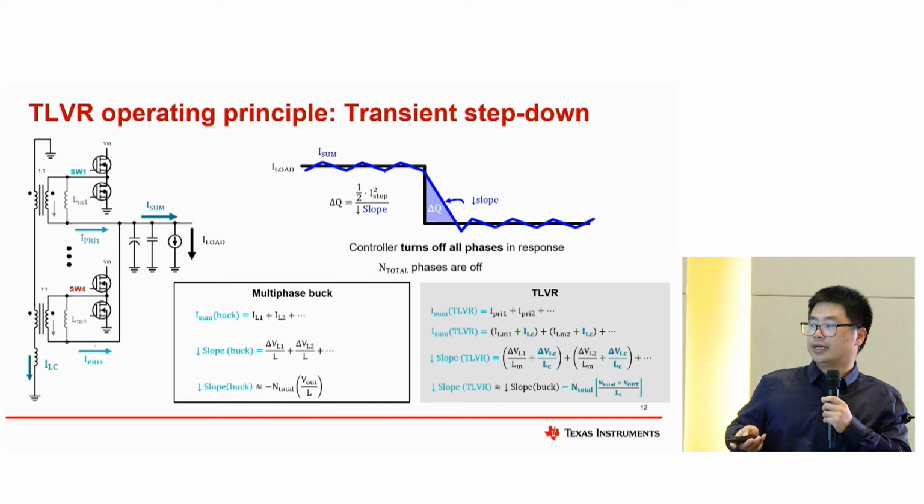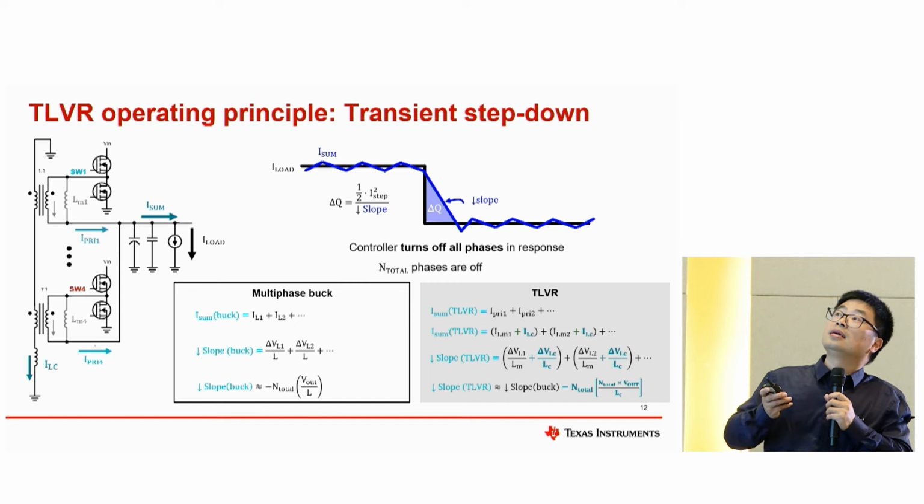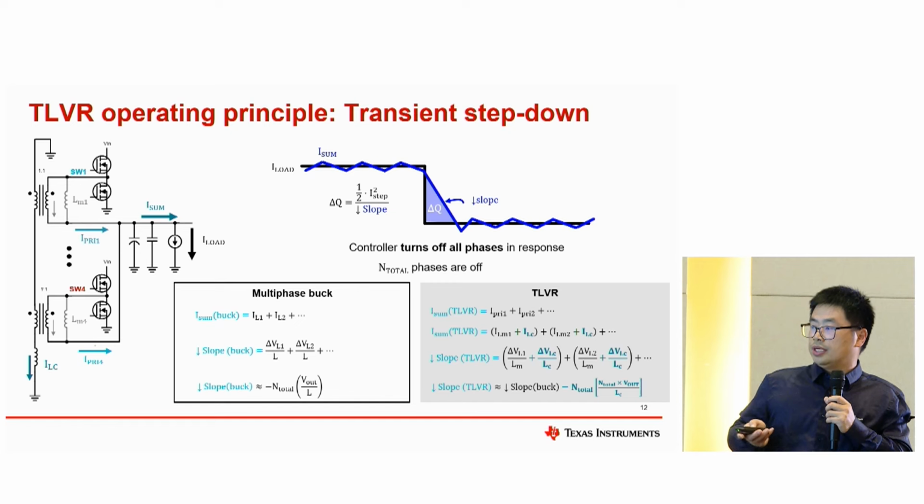So we can also get this equation. What we can see is that the slope is related to the square of N total. So it is very interesting that when the TLVR steps down, it will be much faster, even much faster than the multiphase buck.